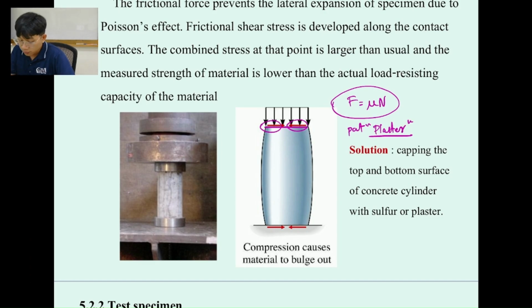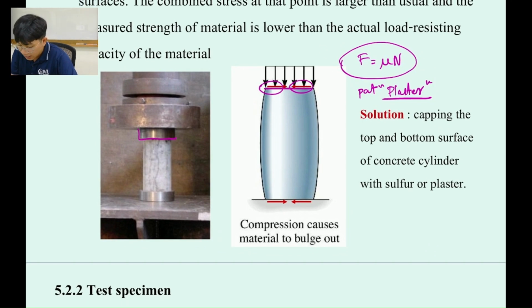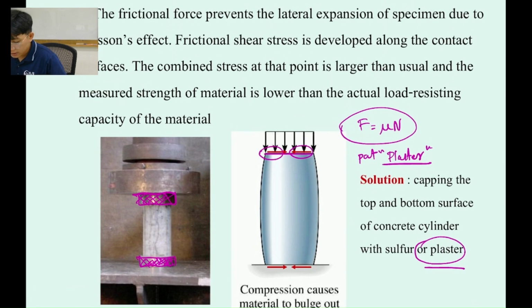That's not all. If you would like to test for the compression strength of the concrete, you need to have the cap over here. Okay, or we call it capping of the concrete, in order to make sure that the sample is going to be level and the force can be applied directly from the machine through the sample. Okay, this is how we test it. We need to add plaster to make the surface flat for both sides.